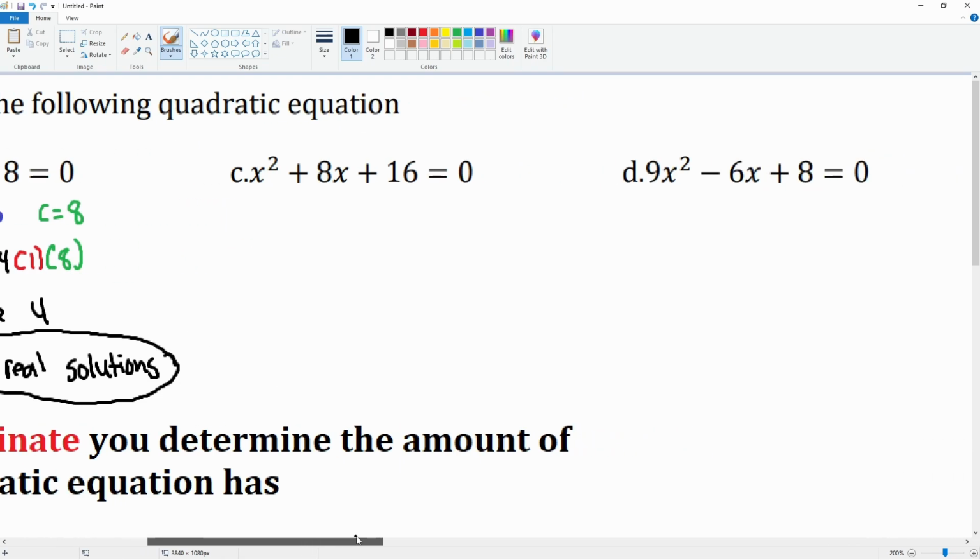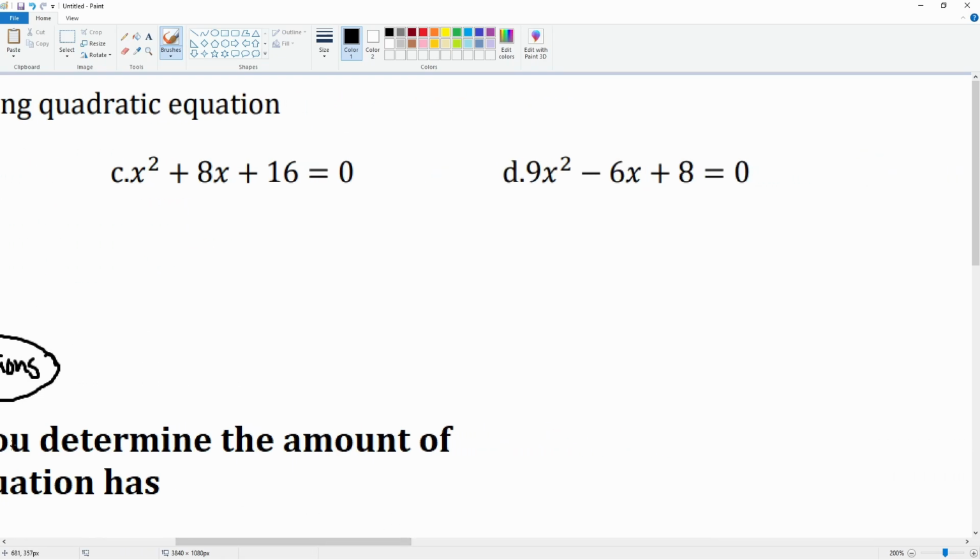And then here, let's look at part C. We repeat the process: a equals 1, b equals 8, and c is equal to 16. We plug it into our formula for the discriminant: b squared, so 8 squared, minus 4 times a, which is 1, times c, which is 16.